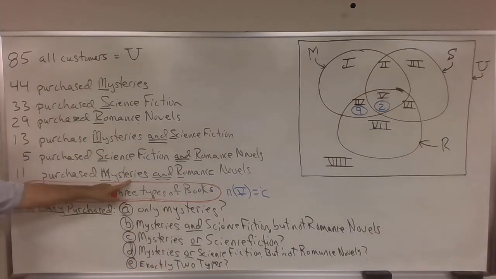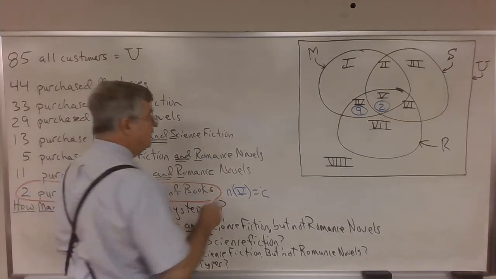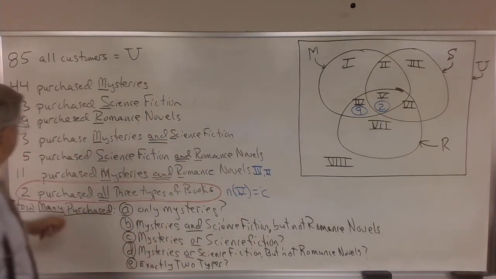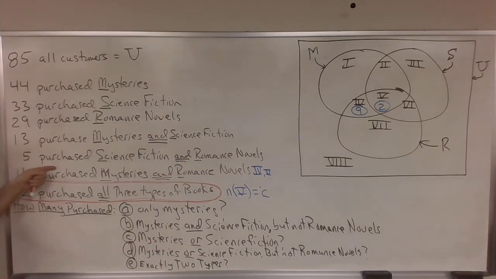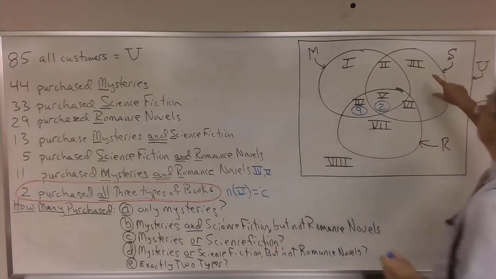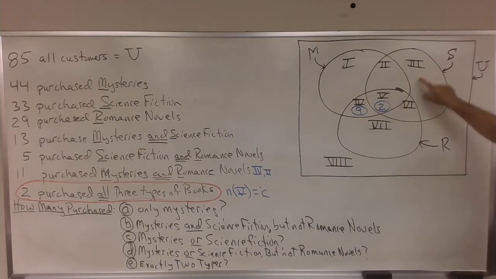But mysteries and romance novels, that was 4 and 5. Now this one, science fiction and romance novels, they got to be in the science fiction circle and in the romance circle.